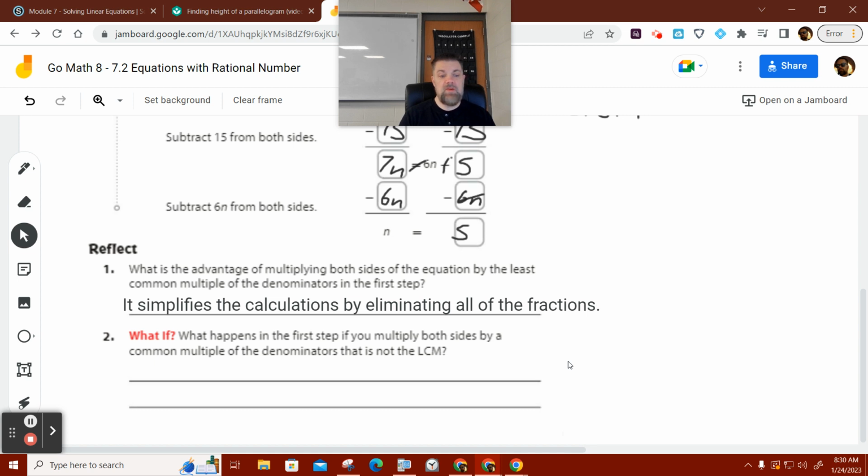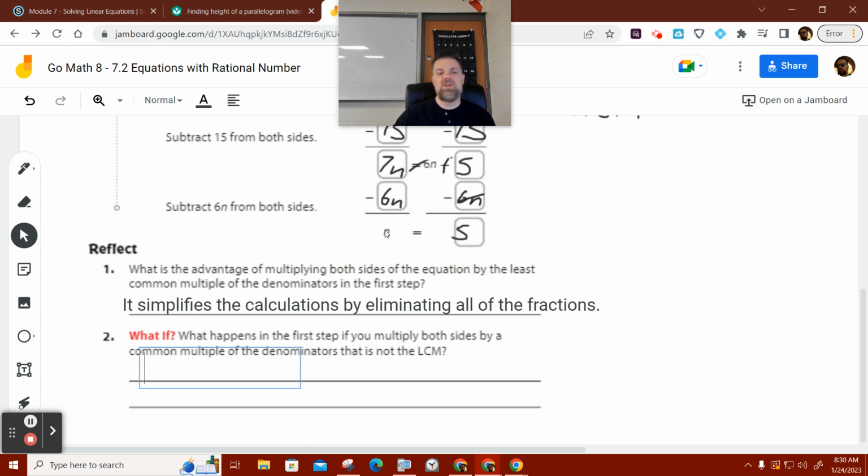And question 2 says, what happens in the first step if you multiply both sides by a common multiple of the denominators and not the LCM? You still get, well, let me type this up. In other words, what if I said 2 times 10 is 20, times 5 is 100. What if I multiplied everything by 100?